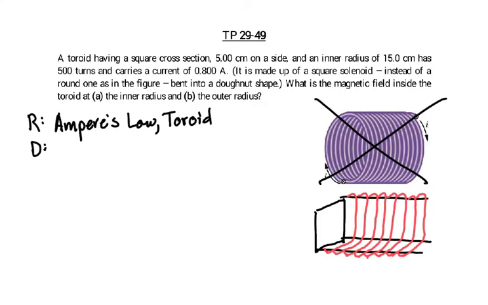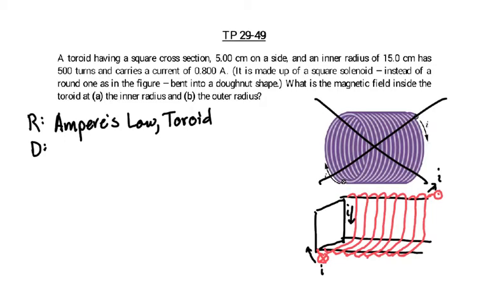To give us a direction of our current, we have it going into the screen on the left side and out of the screen on the right side. So we can see that circling around over and over, it's that coil, even though it's in a square cross section, that is going to provide the magnetic field inside our toroid.